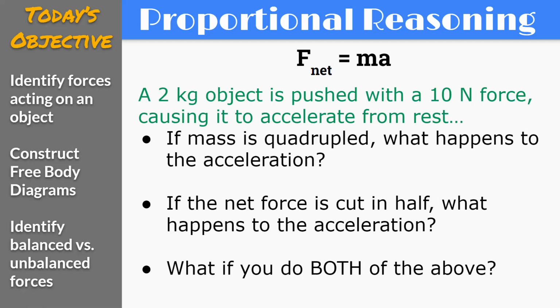If I have 4 times as much mass, if I quadruple the mass, what happens to acceleration? Yeah, decreases. By how much though? What factor? Factor of 4. So it's going to be 1/4 as much. If you have something with 4 times the mass, you're going to get 1/4 the acceleration from an equal amount of force. Again, that's that inversely proportional relationship we were talking about.